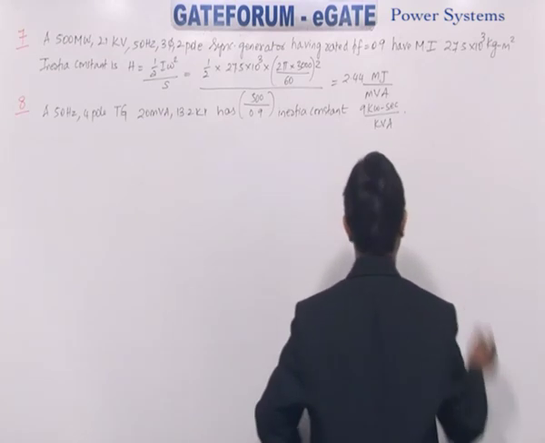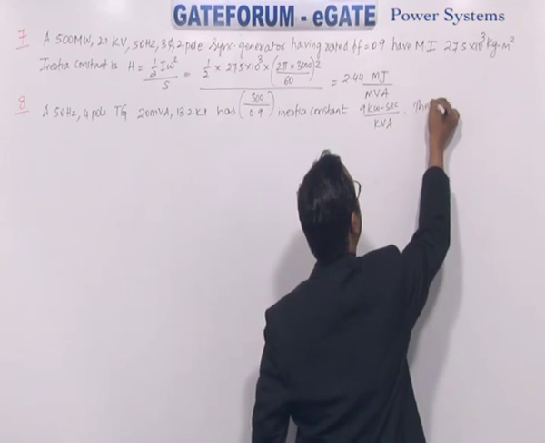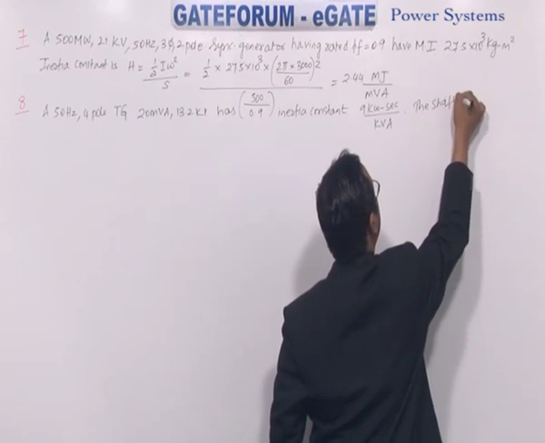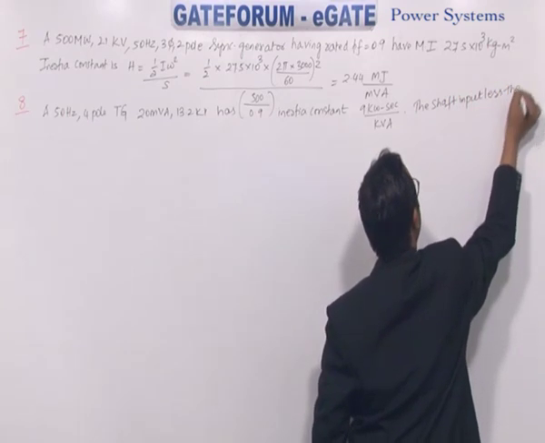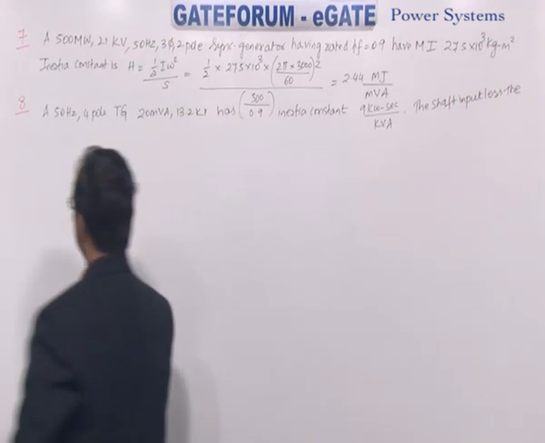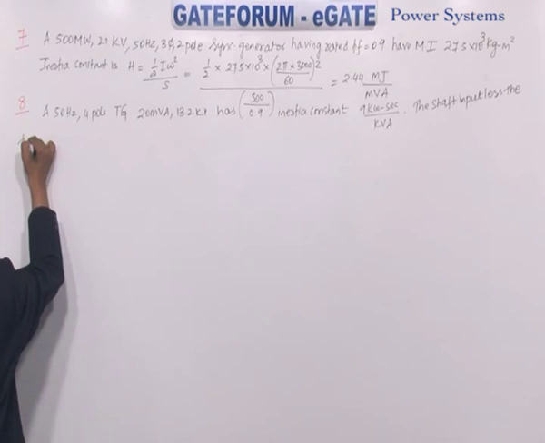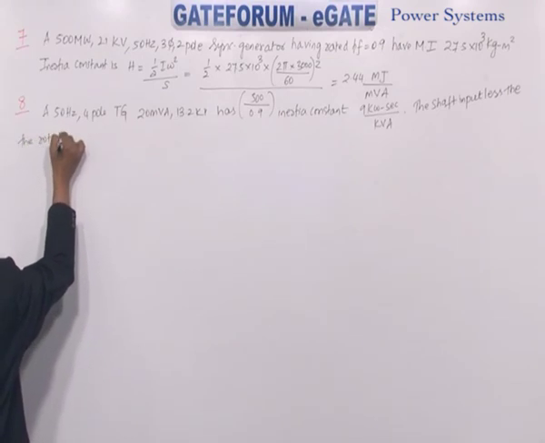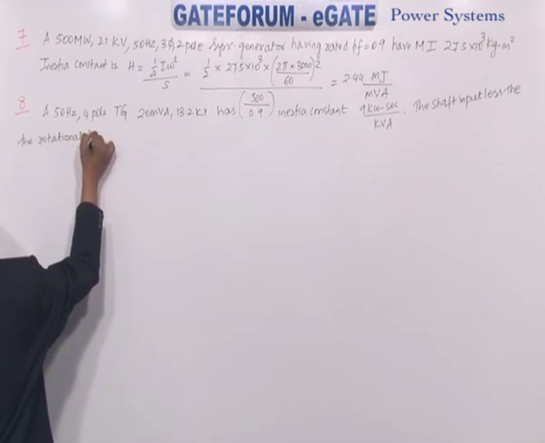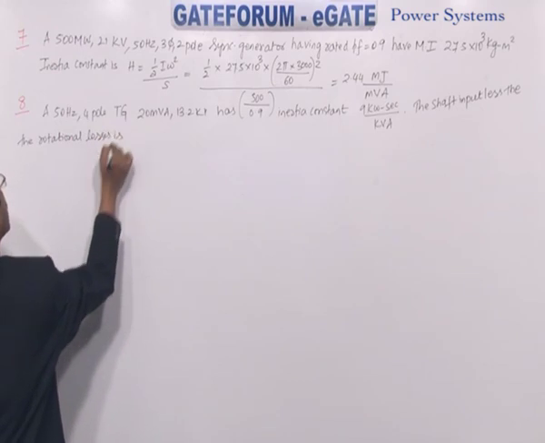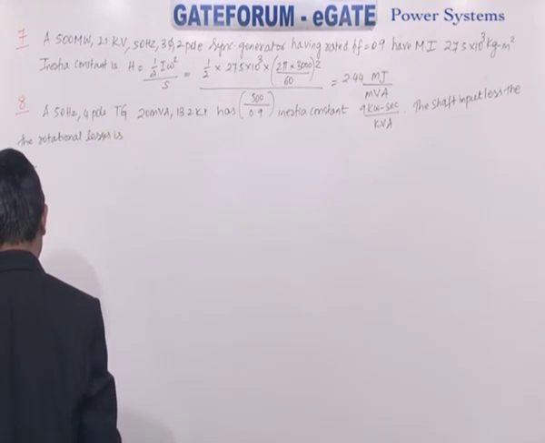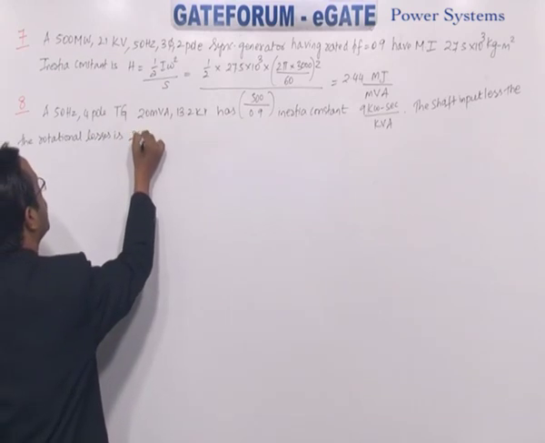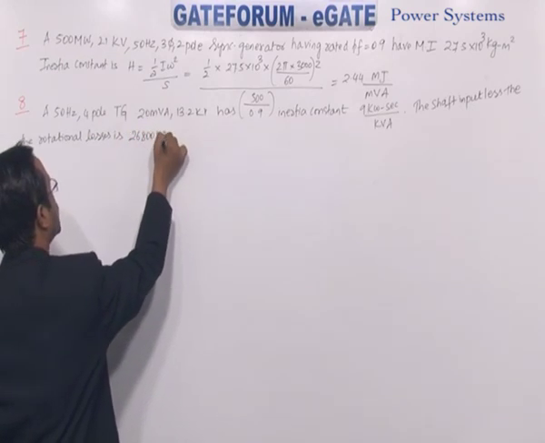Shaft input less the rotational losses is 26,800 horsepower.